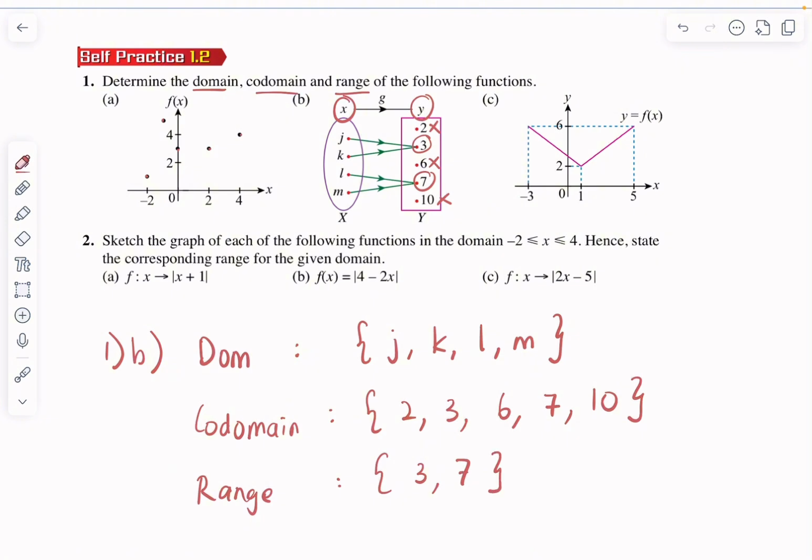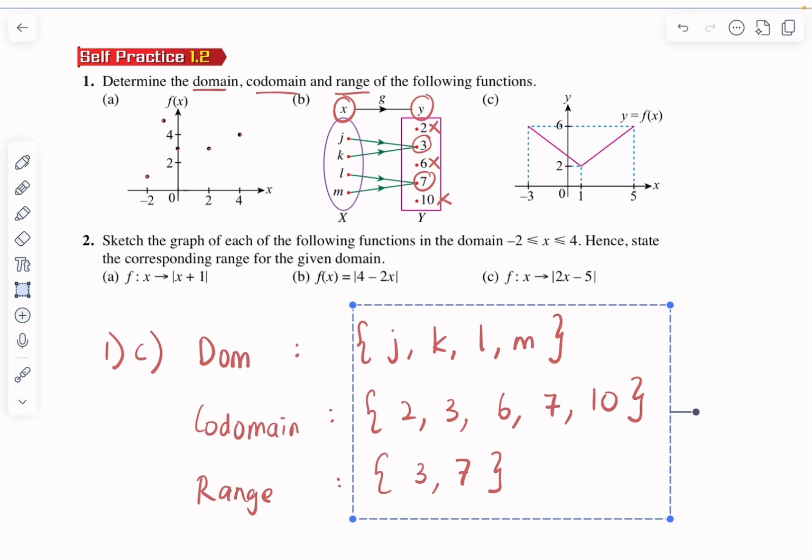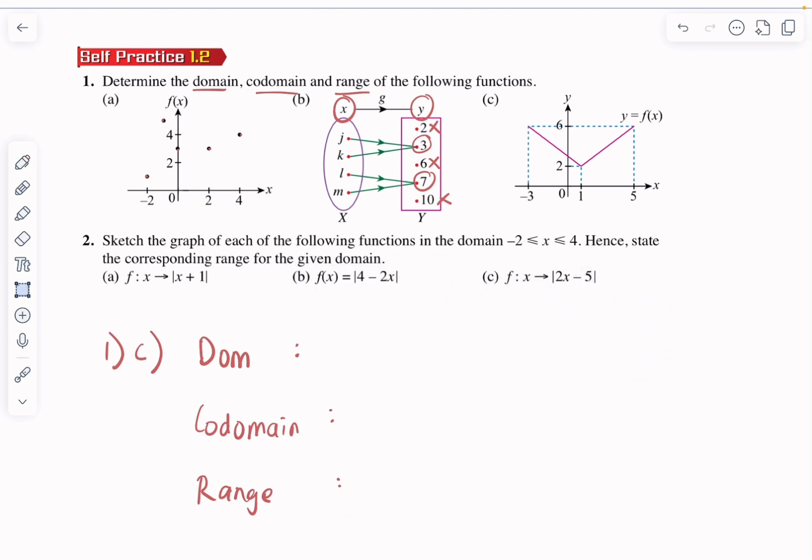Next, 1c. C is a continuous graph. So the domain will be a continuous range. For range, no need to write the curly bracket.